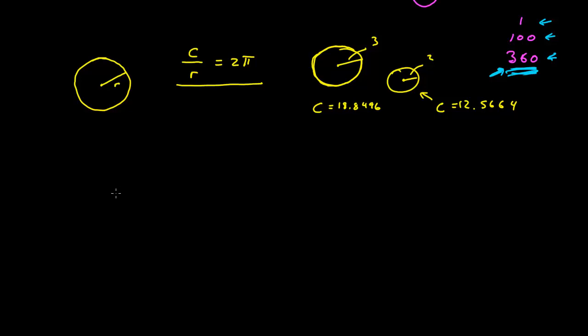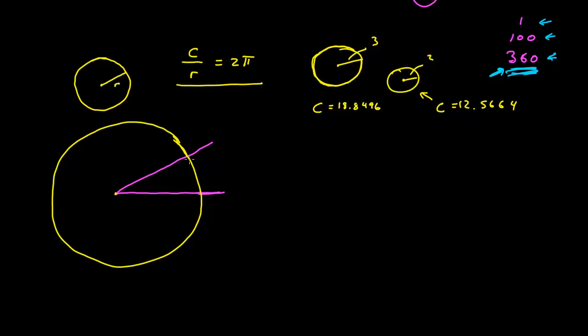Now imagine I have two lines, and I want to quantify the angle between them. So I imagine a circle centered where those two lines intersect.